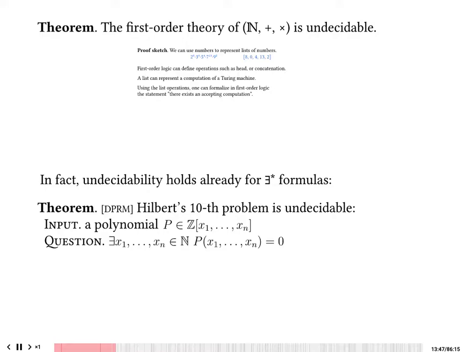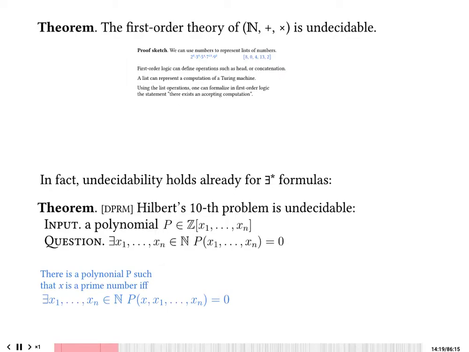Therefore both variants of the problem, where you ask for integer or natural roots, are equidecidable, and in fact they are both undecidable. This is a famous result that was proved by Martin Davis, Hilary Putnam, Julia Robinson, and Matiyasevich. So you can see that this is a special case of existential, because the question itself is just an existential question.